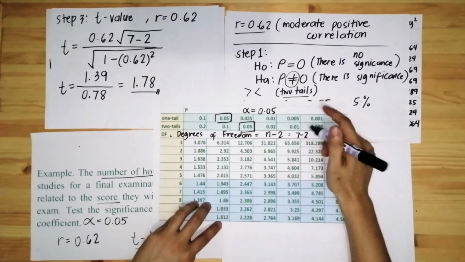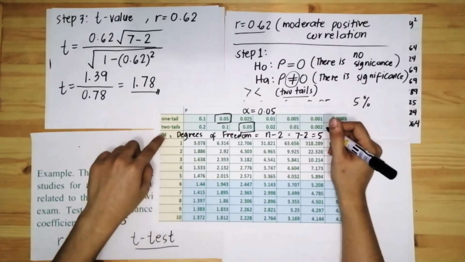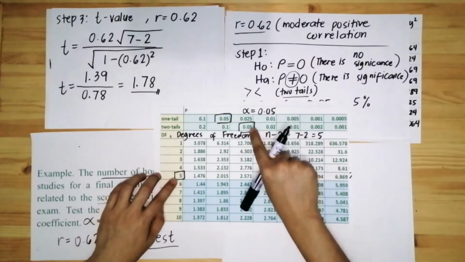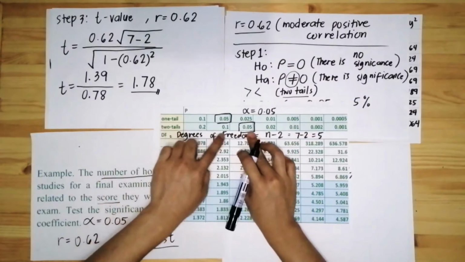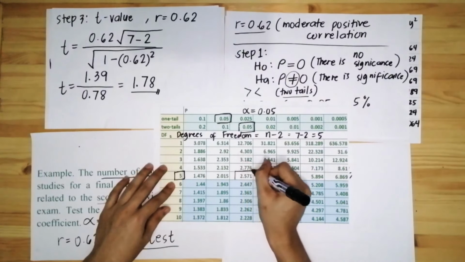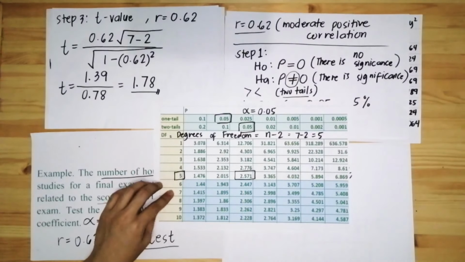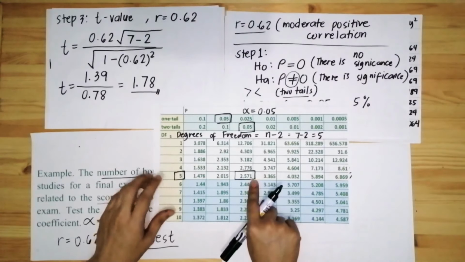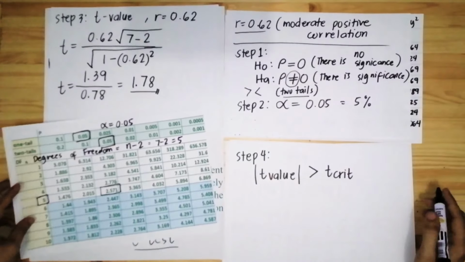So 7 minus 2 is equal to 5. So degrees of freedom natin ay 5. Ito yung gagamitin natin, 5. 5 tsaka tong 0.05 ng 2 tails, ipag-meet mo lang sila. So the value is this, 2.571. So yun yung gagawin natin critical value.